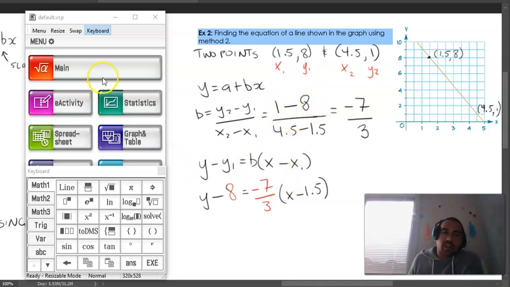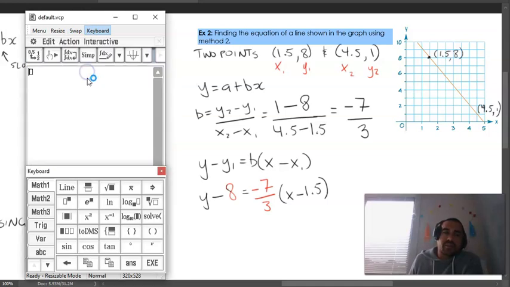So this is where we're going to use the solve function within a ClassPad calculator. Get your calculators out, go into Main, and with the keyboard setting already up, if not, just press keyboard within your ClassPad. Click on the solve function, and you're just going to type this equation in as is, making sure you're putting it as a fraction.